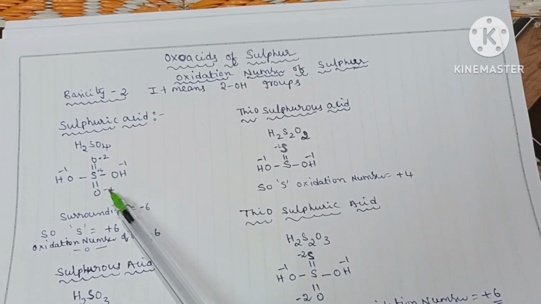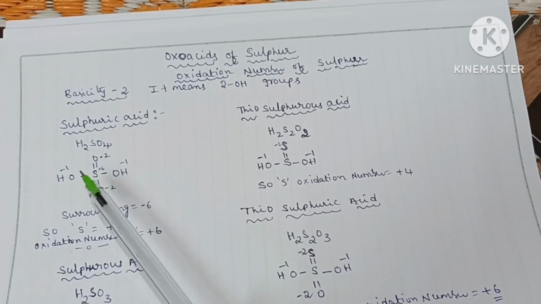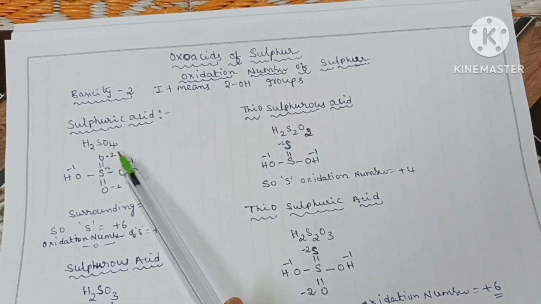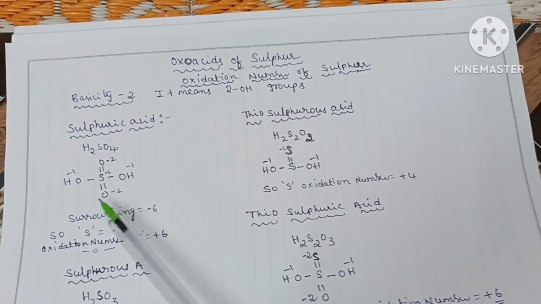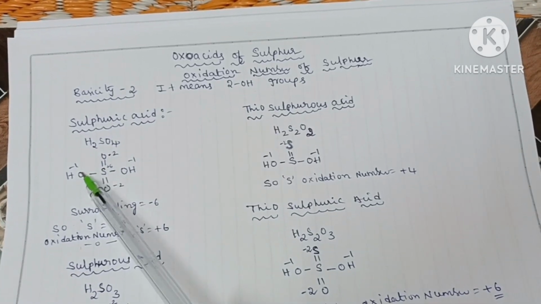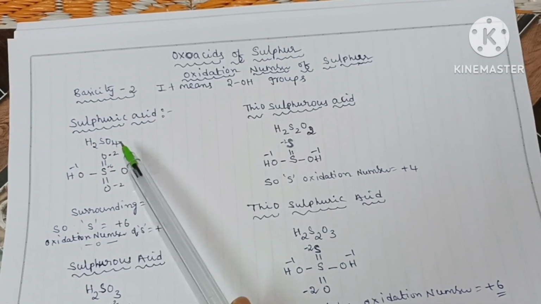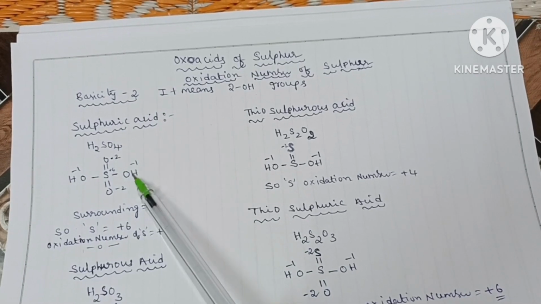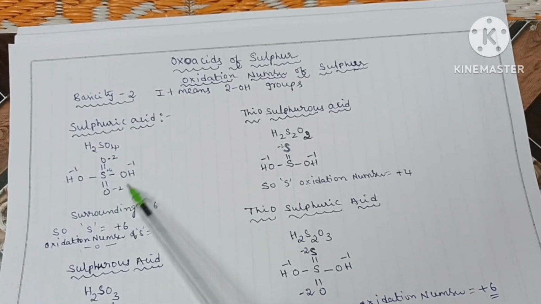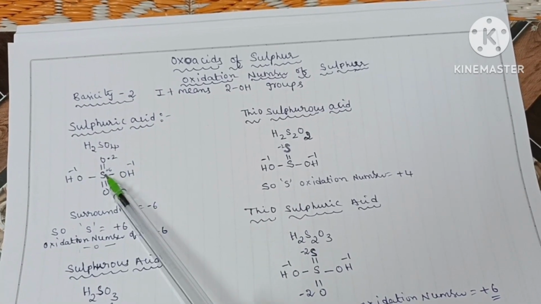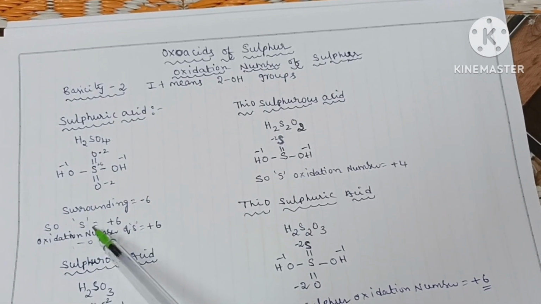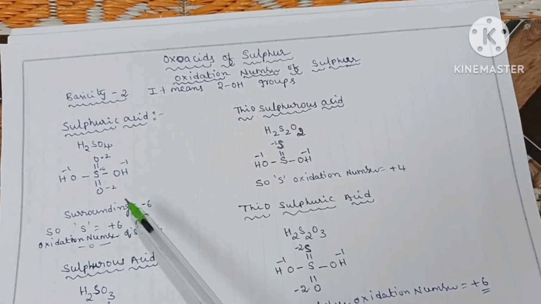Add -2 plus -1 is -3, -3 plus -2 is -5, -5 plus -1 is -6. Surrounding atoms are -6, so the central sulfur atom is +6. Okay, sulfur oxidation number is +6.